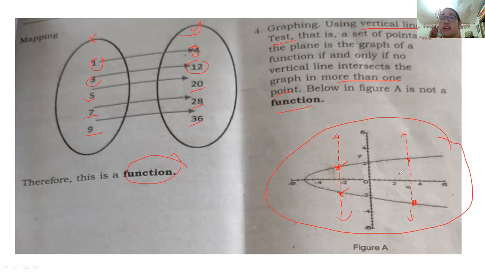So according to the vertical line test, once the vertical line will touch the graph at more than 1 point, then the graph is not a function. Excuse me. So please take down note of that.